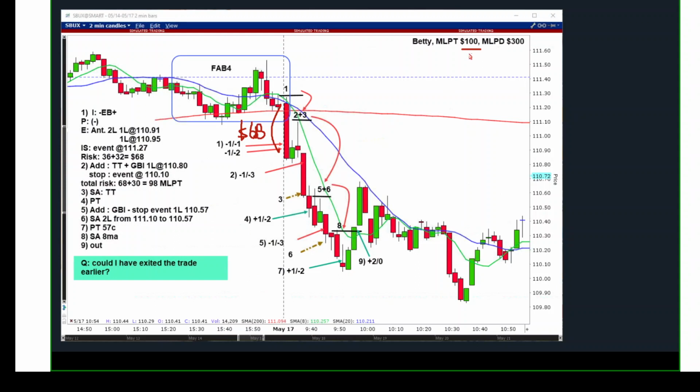Perfectly fine. Operating well within her own risk boundaries here. Then adding to this trade, finding out that I cannot use this stop, because if I do, my risk would be 68 plus 47. My risk would actually be $115 now in the trade if I'm still using the same stop here.